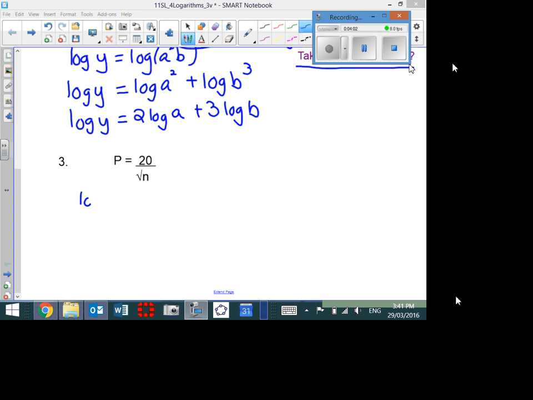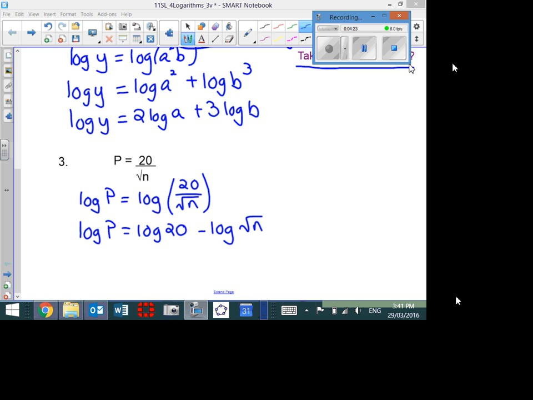It's going to help us again to take the log of both sides. However, when we take the log of 20 divided by the square root of n, we'll have to apply our subtraction rule for logs. So I'm going to have log of p is equal to log of 20 minus log of square root of n.